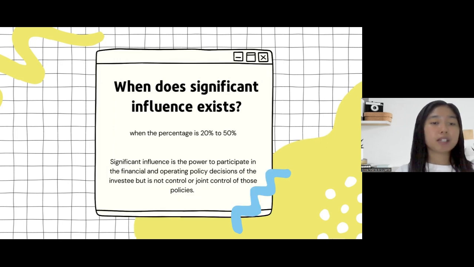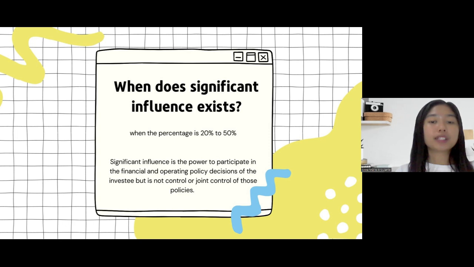Speaking of significant influence, what is significant influence and when does significant influence exist? Significant influence is the power to participate in the financial and operating policy decisions of the investee, but it's not control or joint control of those policies.